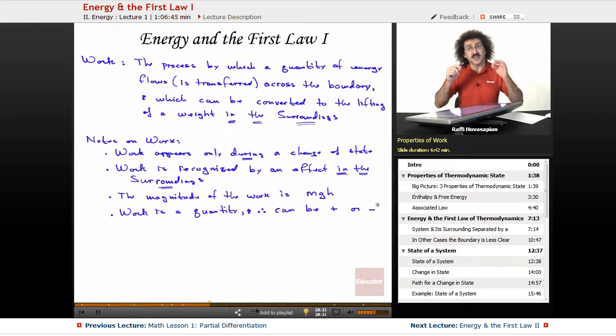So we can speak qualitatively. It's going from the system to the surroundings, from the surroundings to the system. We can keep that straight. Then we just have to deal with magnitudes. Positive and negative signs don't matter. But when we do the mathematics, any negative sign means that it's moving in a particular direction depending on what point of view we've taken first. So we have to decide, am I taking the surroundings point of view or am I taking the system's point of view?